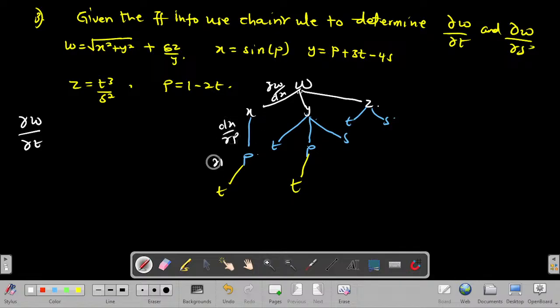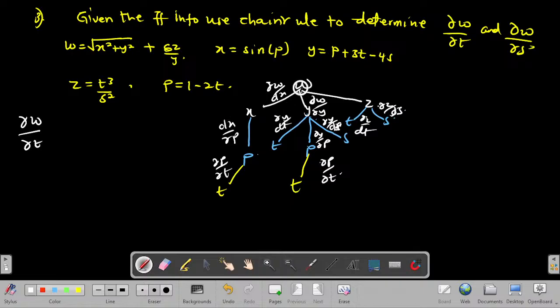From p to t is the partial of p over t. W to y, the partial of w over y. From y to t, the partial of y over t. From y to p, then from p to t again. W to z, then z to t. And this is for s.